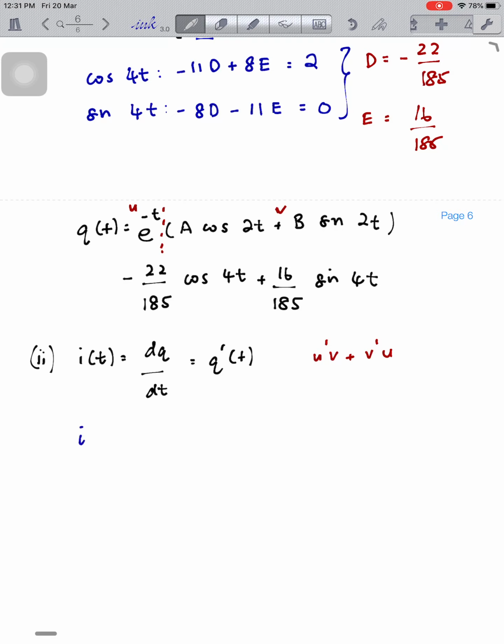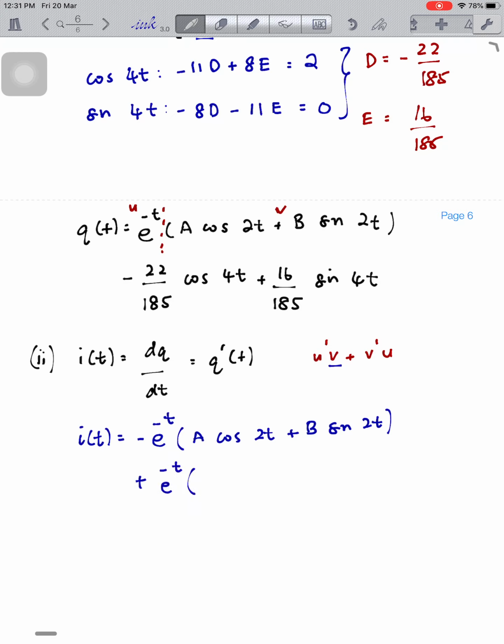So I of t is going to equal u prime. When I differentiate that, I get negative exponential of negative t. Copy down the v, which is simply a cos of 2t plus b sine of 2t, and plus v prime multiplied by u. So u is exponential of negative t.